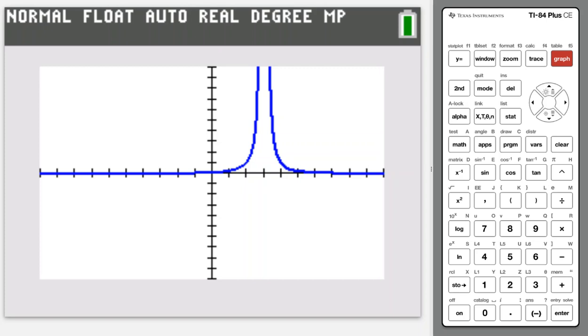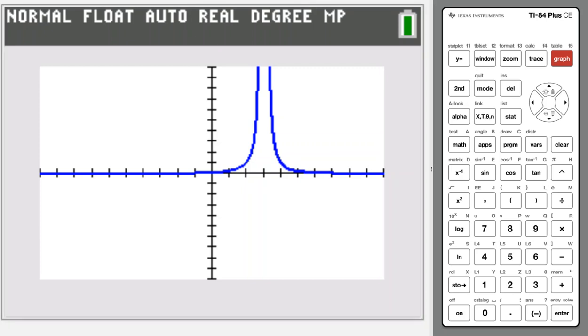But again, I know what 1 over x squared looks like. I have memorized that. But without that, as I said, you could spend 20 minutes using the first derivative to figure out where it's increasing, decreasing, the second derivative to figure out where it's concave up, concave down, find more points, all of that kind of stuff.